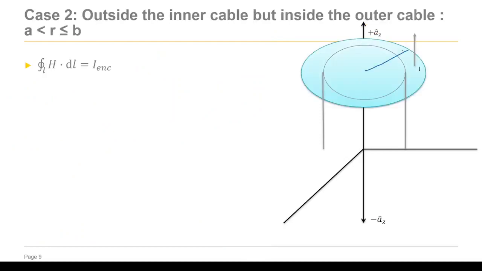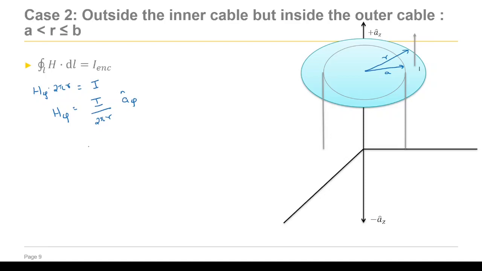In a case where we move further outward from the inner conductor, we observe that the left-hand side is going to be the same, H phi 2 pi r, where r is greater than a. We observe that the total Amperian current enclosed within this shaded area is equal to the total current in the inner conductor I. Hence, the magnetic field intensity is going to be I divided by 2 pi r in the a phi direction.